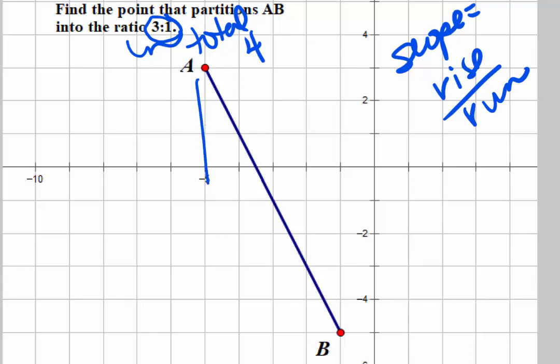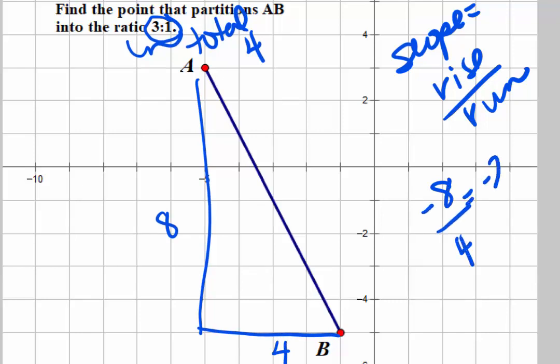It looks to me like it's 8 sections down, 4 sections over, and it's down and over, so maybe a -2/1 slope. And most often than not, they land perfectly on the graph. And you can see we've got 4 total sections there.